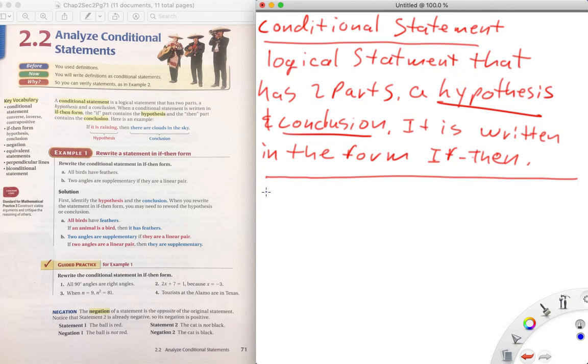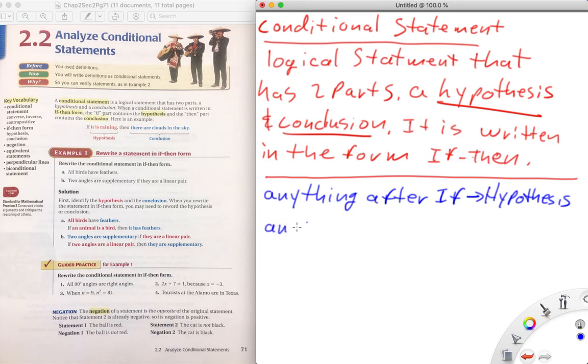Anything after the if is the hypothesis.